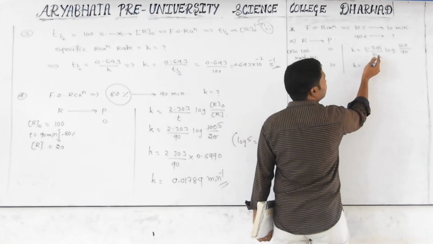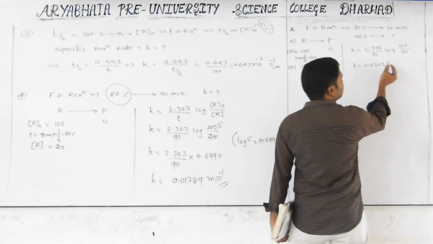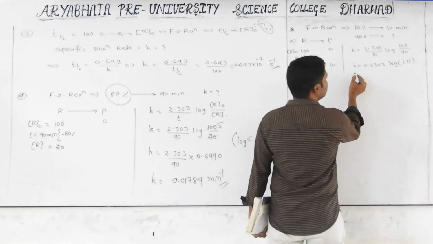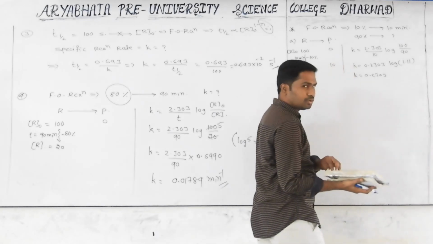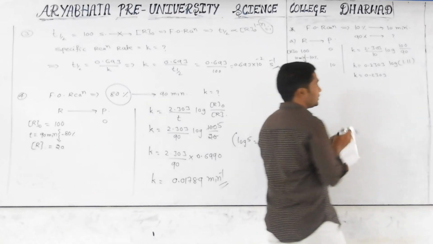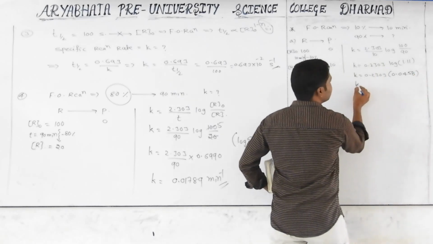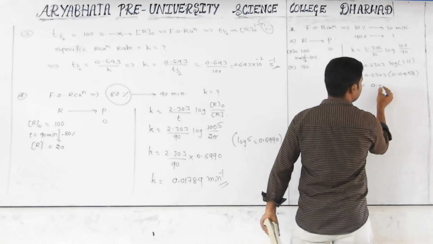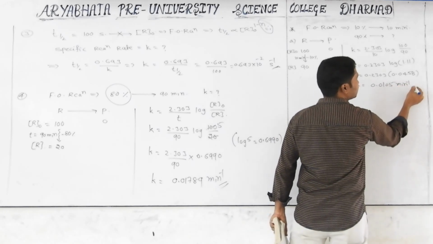Simplifying, K is equal to 0.2303 into log of 1.11. Log 1.11 is 0.0458. So K is equal to 0.0105. Time is in minutes, so the unit is minutes inverse.